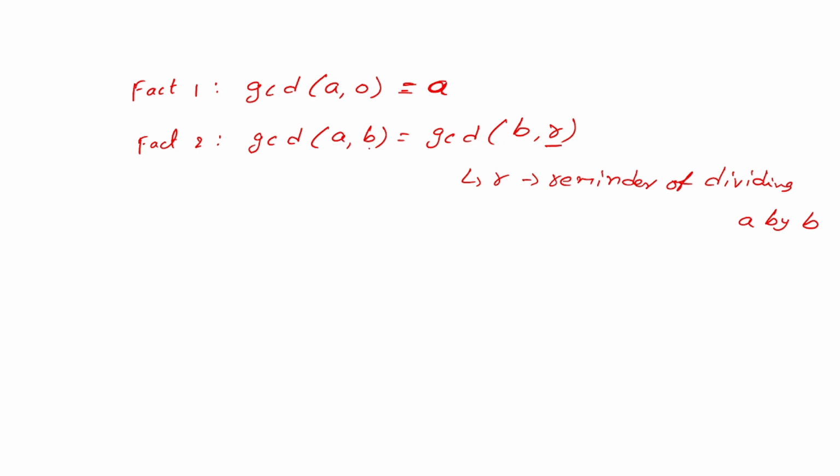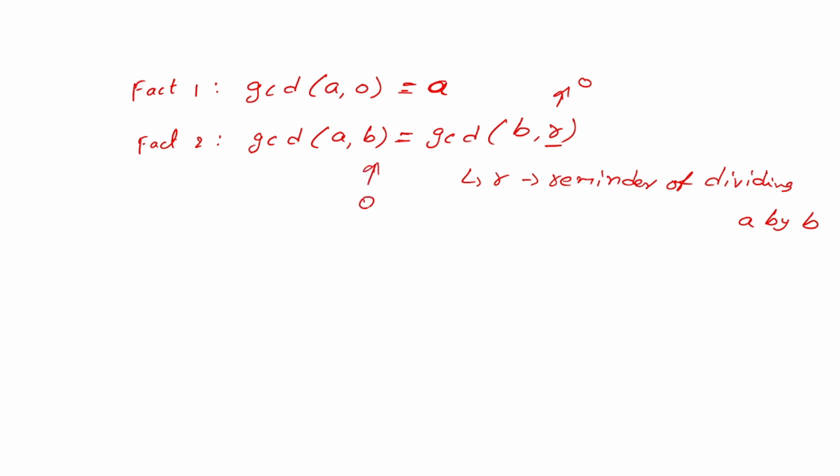We need to continue this process until the second value becomes 0. GCD of a comma b is equal to GCD of b comma r, and again if the value is not 0, then you need to follow the same procedure until the second value becomes 0.